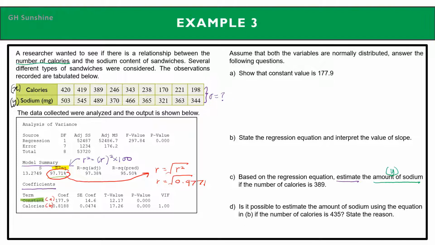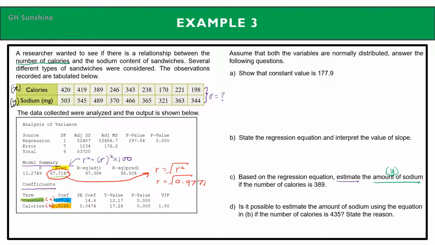So from this output, the constant value equal to 177.9. Meanwhile, the slope value equal to 0.8188. Positive slope.